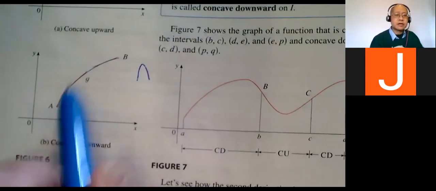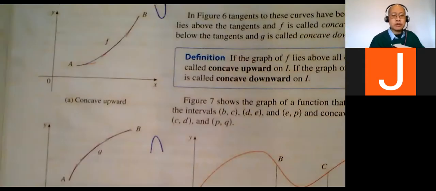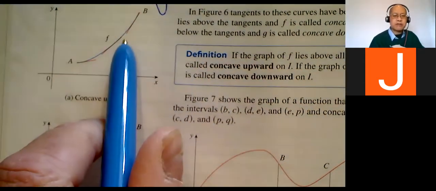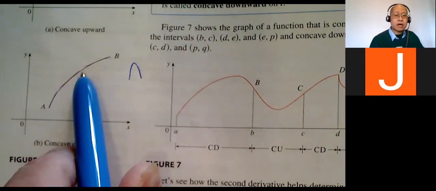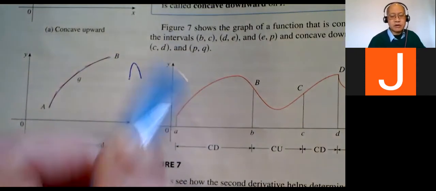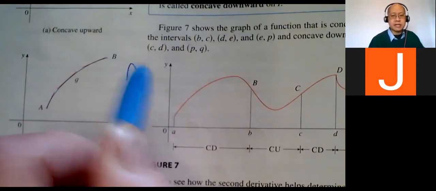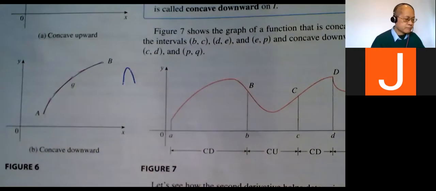How about the tangent lines here? Above the graph. So that is true. If you have a concave up situation, tangent lines are below the graph. Concave down, tangent lines are above the graph. Do you have to memorize that? I don't really think so. If worse comes to worse, just draw yourself a U shape or upside down U shape, draw yourself some tangents, and then say, oh yeah, these are below and these are above. So no big deal.